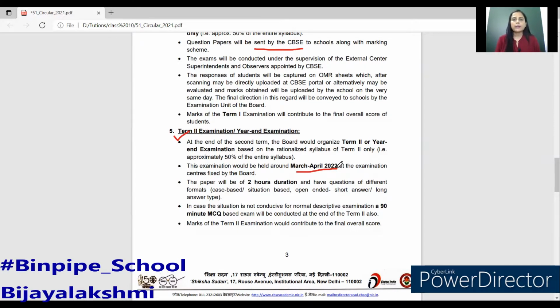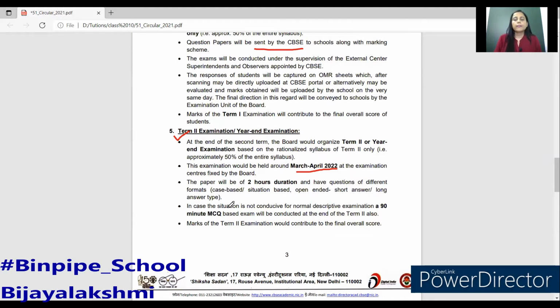That will also be decided by the board, and the paper will be of 2 hours duration, and the questions will be of a different format. Here you will also get short, long questions, situation-based questions, case studies, open-ended questions of all that sort, with diagrams, as in science we get diagram-based questions and all sorts. So here it is a written work with explanations.